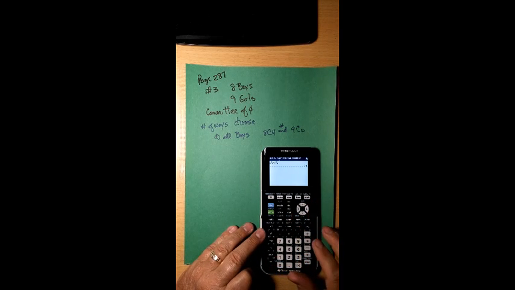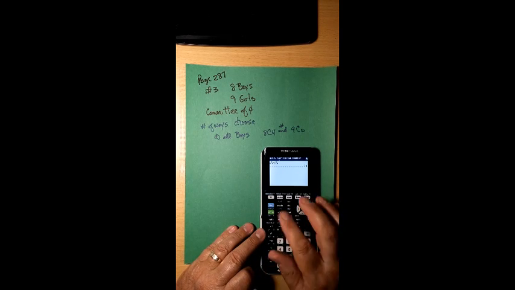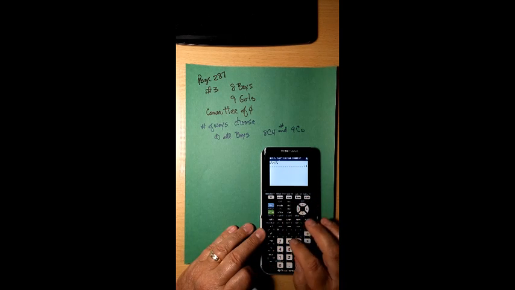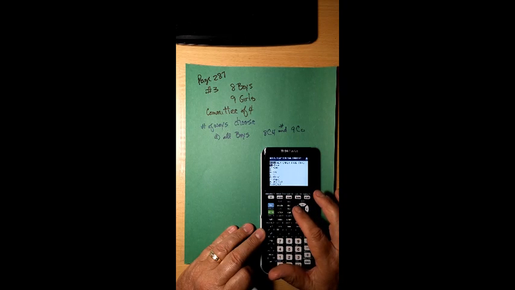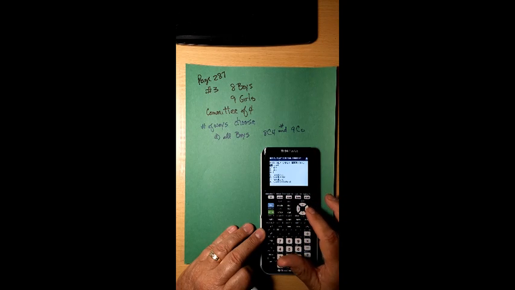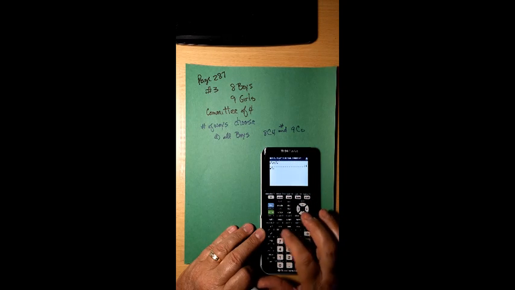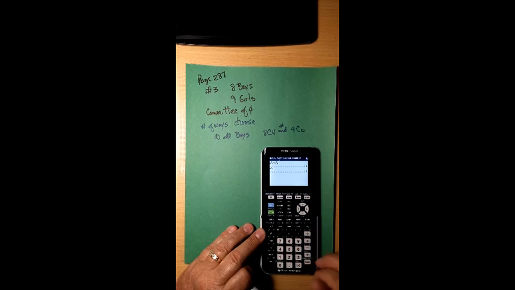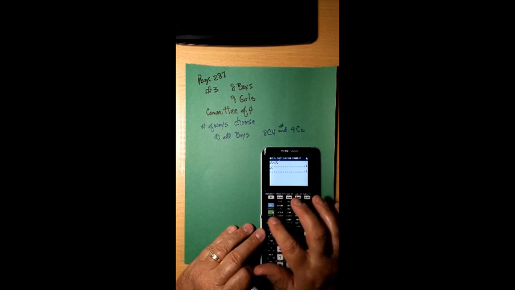What is just 8 choose 4, or 8 combined with 4? Let's go back and do that one. Math prob 8, 4. Well, you get 70 for that. Well, then what the heck is 9 choose 0?